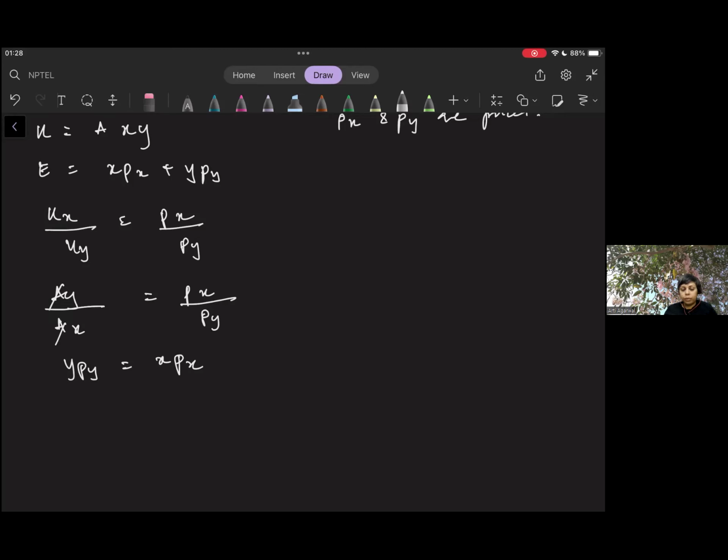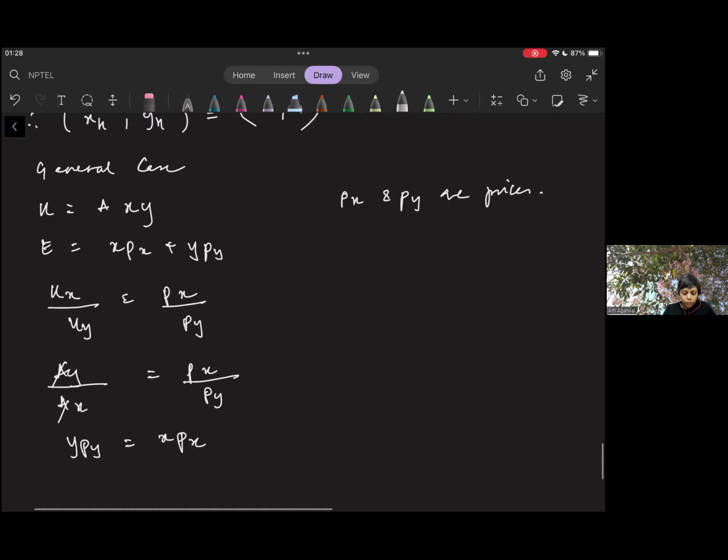But of course, if you prefer the Lagrange multiplier method, or if the functions are a bit more complicated, you can use that method also. So now we have a certain relation between x and y in terms of px and py.